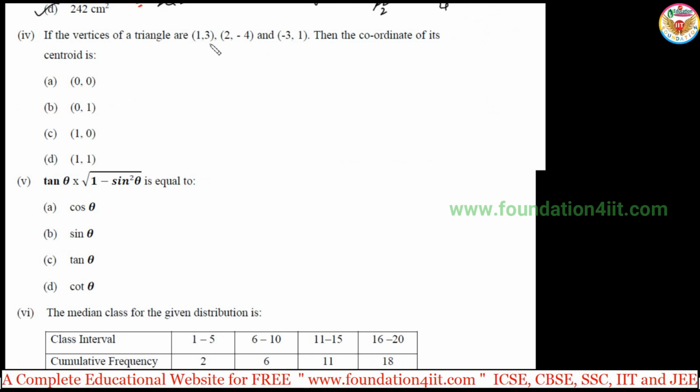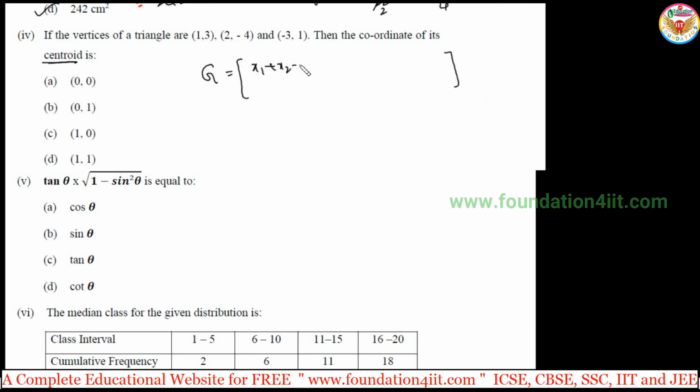And the next, fourth one. If the vertices of triangle are 1 comma 3, 2 comma minus 4, minus 3 comma 1, then coordinates of its centroid, denoted with G. The formula for this is x1 plus x2 plus x3 divided by 3 comma y1 plus y2 plus y3 divided by 3.